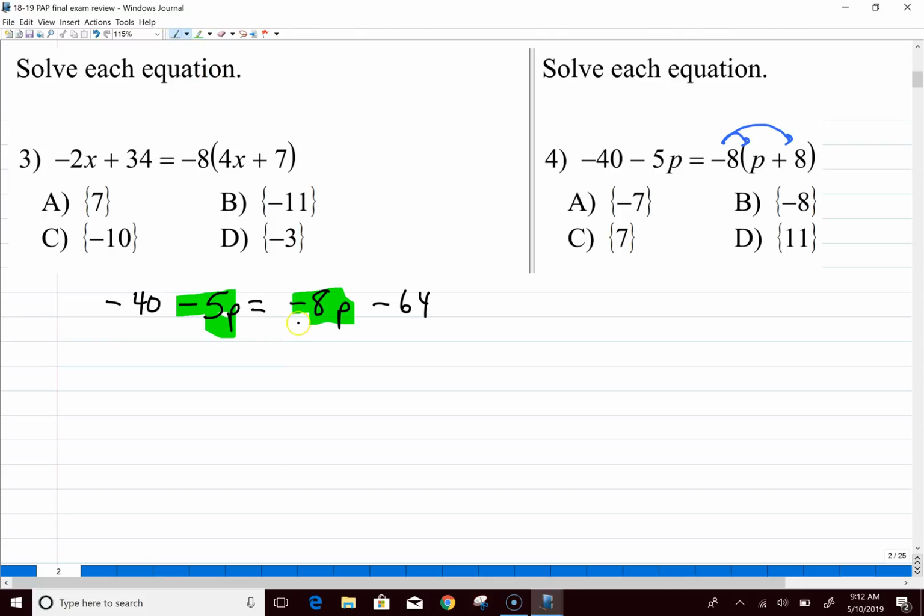Negative 5, negative 8. Negative 8 is smaller, so put a plus 8. These cancel. Bring down the negative 40.